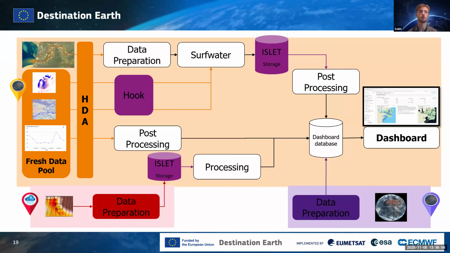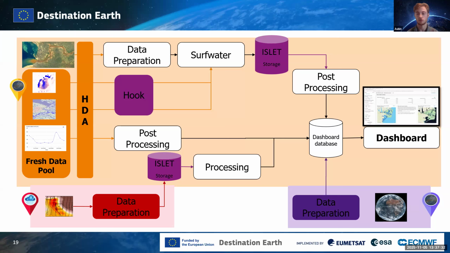Hook allows you to trigger a processing algorithm and pull data from the HDA. Thanks to Hook, we were able to feed the models directly with the data from the HDA. We needed additional data coming from the European weather cloud, so we had a connection to it, and we used Islet storage again as a transition phase.